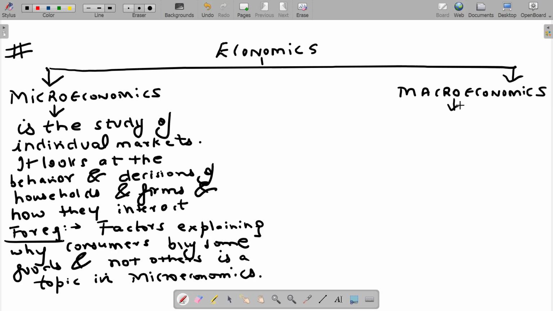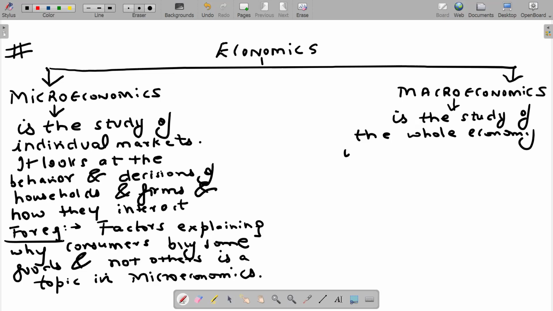Macroeconomics, on the other hand, will talk about the whole economy. So macroeconomics is the study of the whole economy, or maybe even a group of economies, like economies within Asia, economies within, let's say, Europe, the Western economies, US, Canada, London.